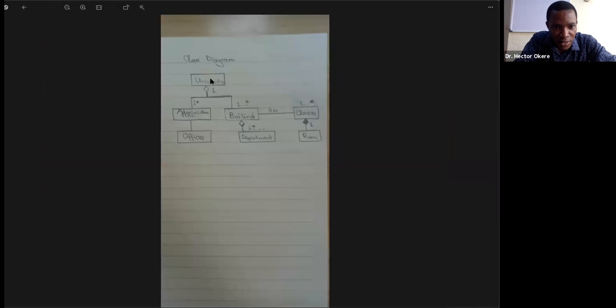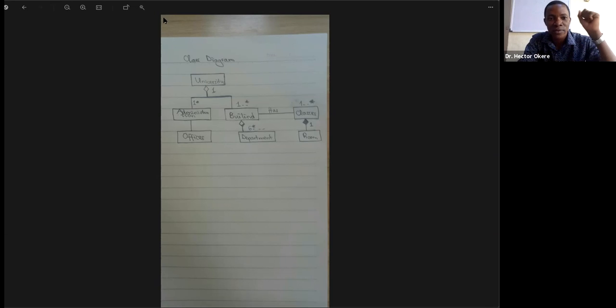Class diagram, university, have administration, building, and class. Where are you guys getting administration from? Administration have offices. See, you guys are not following, the scenario gave exactly the description of the relationship.